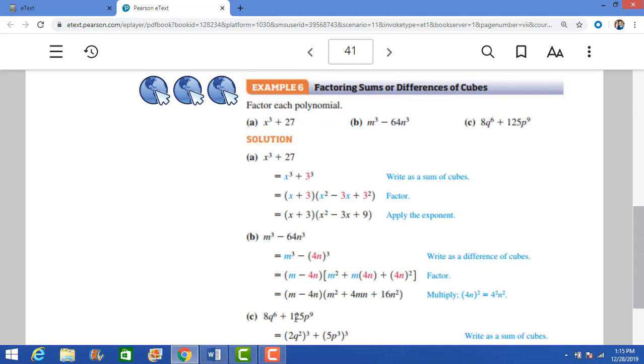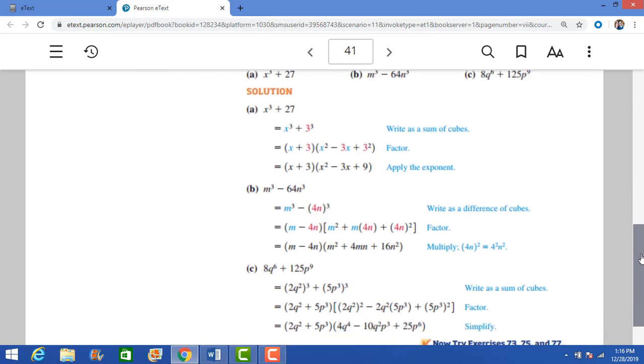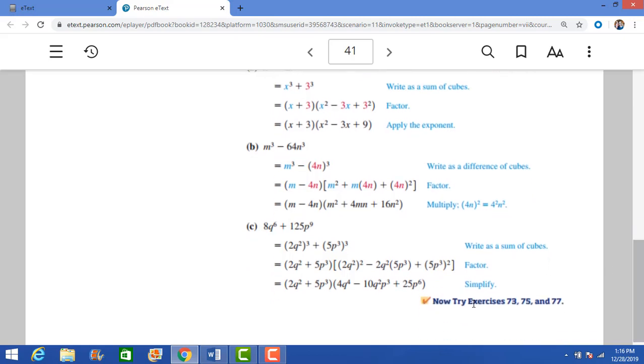We can rewrite this as this, and then use the form. And we end up with this. And then all we have to do is simplify. And once we simplify, we get our final answer. And we're done. So again, practice using these exercises.